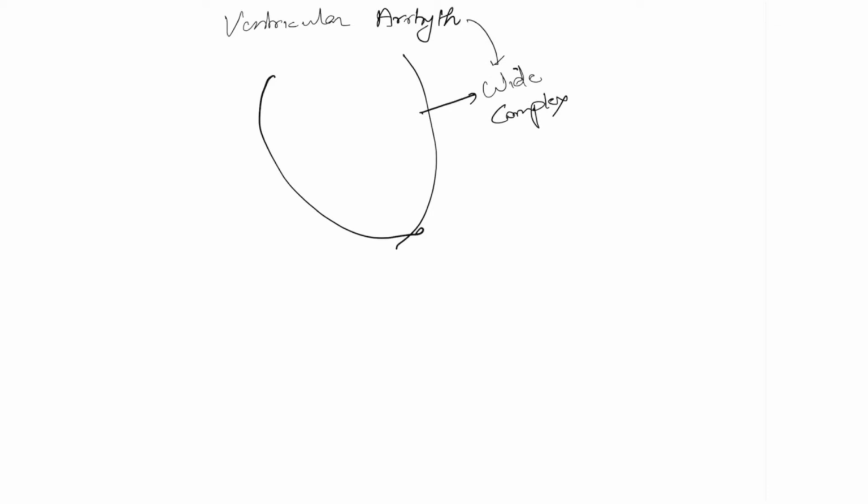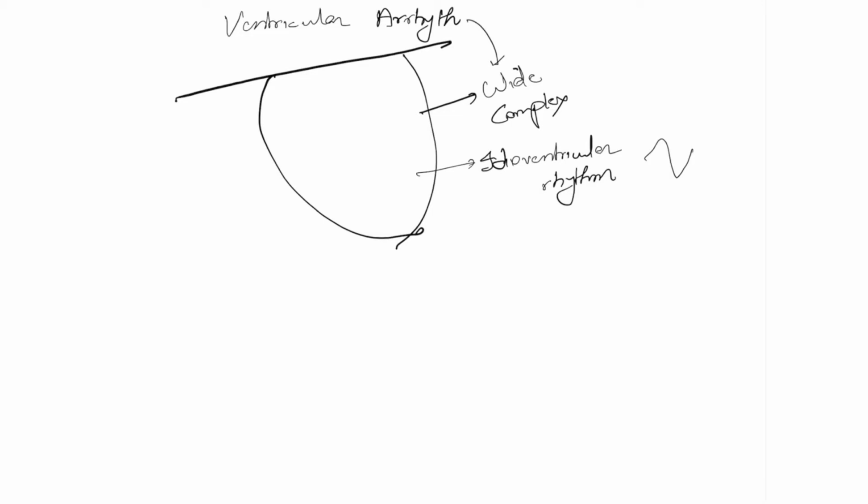If for some reason there is no impulse coming from above, the ventricle might kind of go into an escape rhythm, and this would be termed idioventricular rhythm. So, in essence, you would see wide complex QRS, and you may see retrograde P waves, and usually the heart rate is pretty low, it's less than 50.